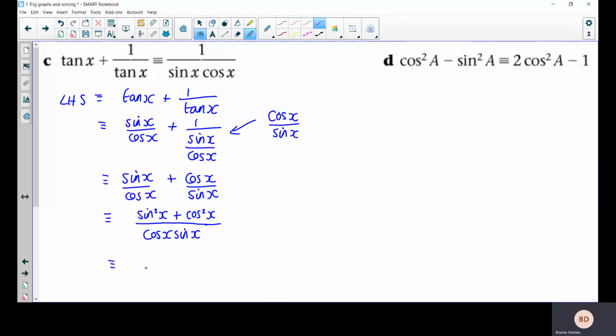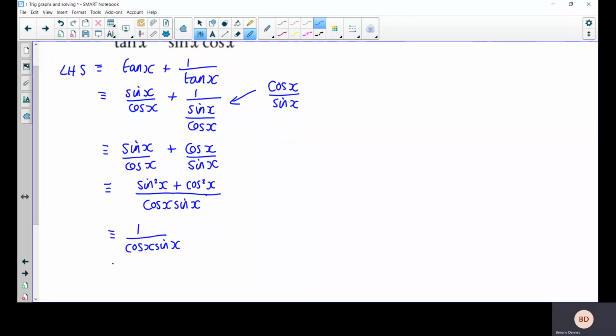As you can see, there's going to be an identity that I can use on the top there, the numerator, and I can make it into a 1. So I'm not far off. I think I'll just be clear and write the denominator the other way around to show that I've ended up with the right-hand side. So that bit's done.